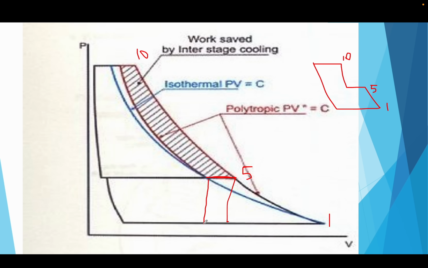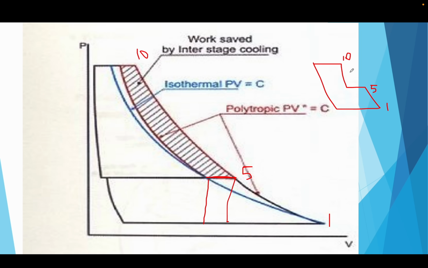If you see here, this is the volume which has been decreased. Because of intercooling, the volume is getting decreased, which is increasing the mass of the air, and after that when we are doing a compression, it is coming from here to here.